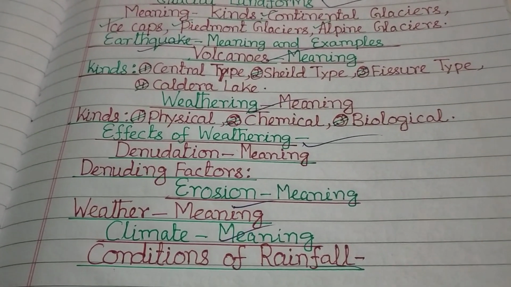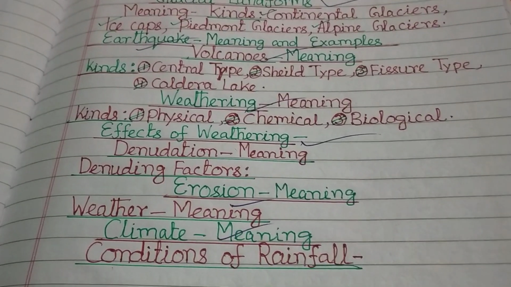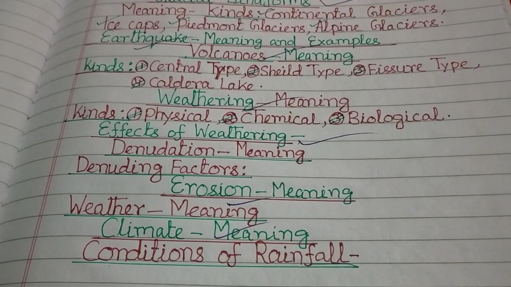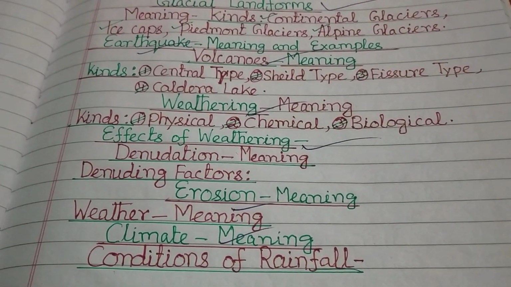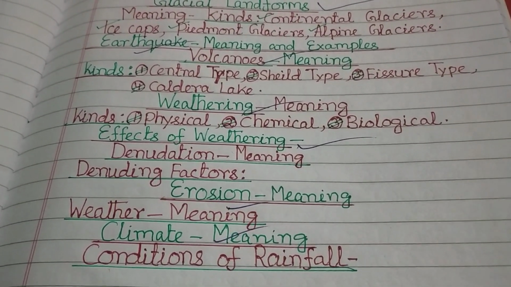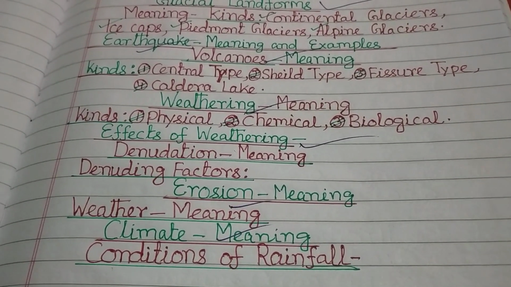Thus a shield-shaped volcano with thin horizontal sheets emerges, and such volcanoes are found in Mauna Loa in Hawaii Island.